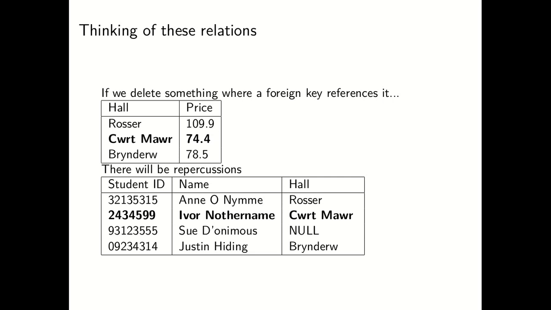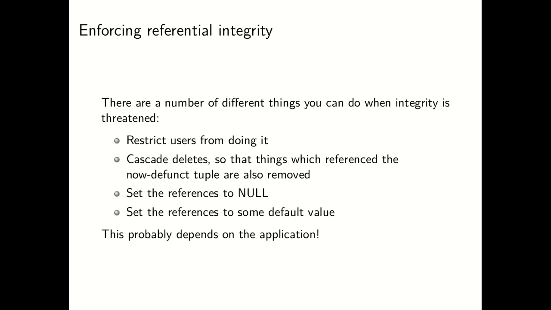It might be that you're bulldozing Kurt Mauer, and that's got major implications for what's going to happen next, but you probably want to have something in your data model that says we don't bulldoze university residences without first checking for students. That's the kind of real-world implication, and the data integrity constraints will help you model that nicely.